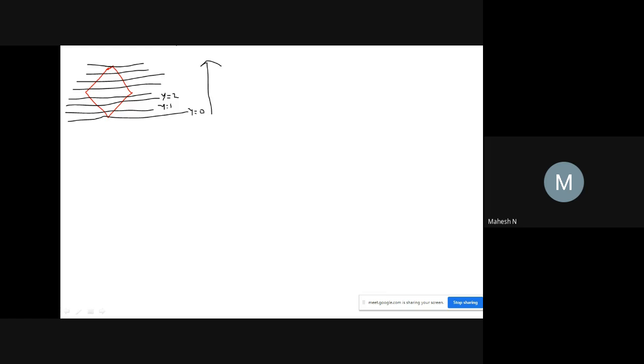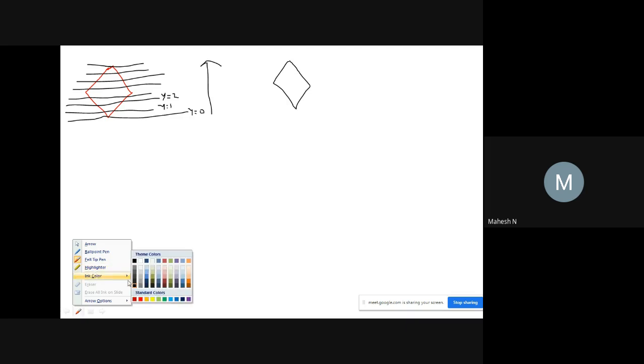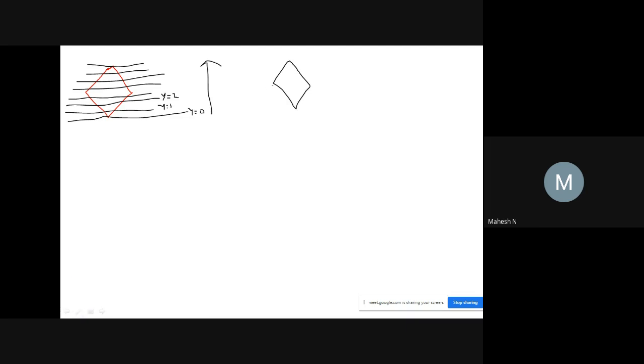So I have my scan lines and also my polygon here. We have also seen that whenever I have a convex polygon, and I take any two points in that convex polygon and draw a line between them, the entire line will be inside the polygon only.